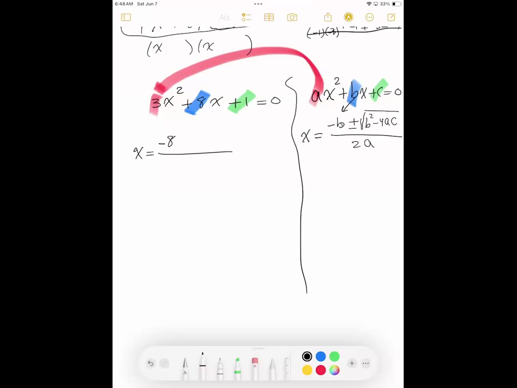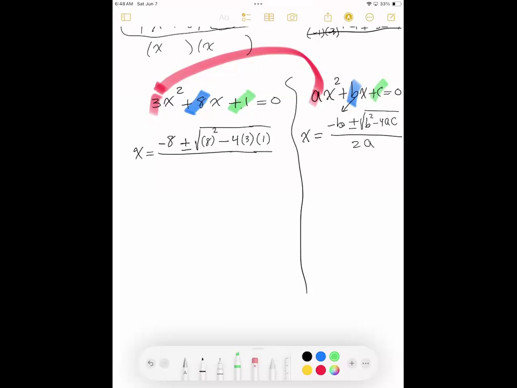Plus and a minus. Open up a radical. Raise b to the power 2, 8 to the power 2. Put a minus sign. Put a 4 multiplied by a multiplied by c. A is 3, and c is 1.